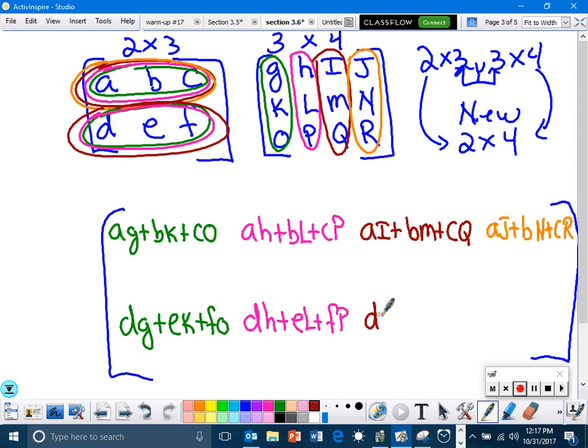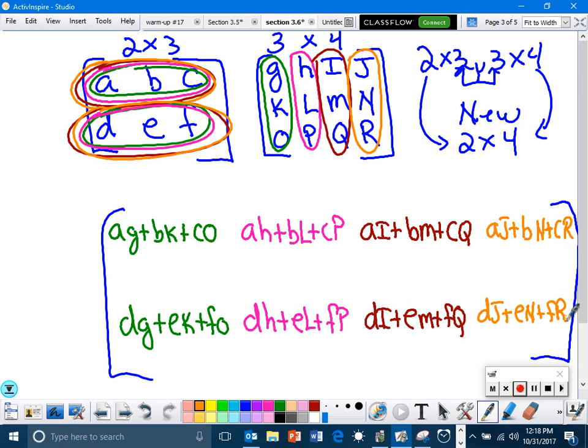D times I plus E times M plus F times Q. And then the last one, again, second row, fourth column. D times J plus E times N plus F times R. It takes a bit of time. It's going to be a little bit of work, but that's how we multiply those together.